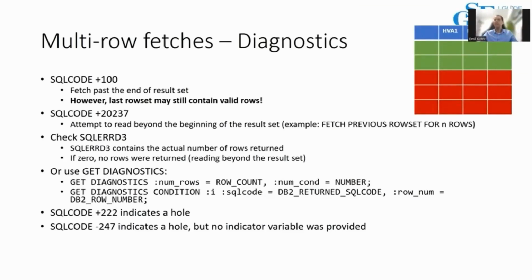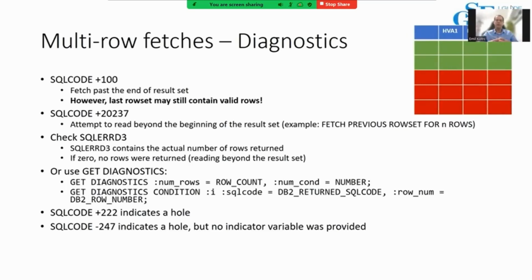But this is normal, because maybe the result set doesn't contain more rows. There is another SQL code if I attempt to read beyond the beginning, if I do a previous row set and so on. Again, SQLERRD3 contains the number of rows returned. If it's 0, no rows were returned. But if it's less than the number of rows I wanted to retrieve, it indicates that the SQL code should have been 100 as well, because that's the last row set I returned.